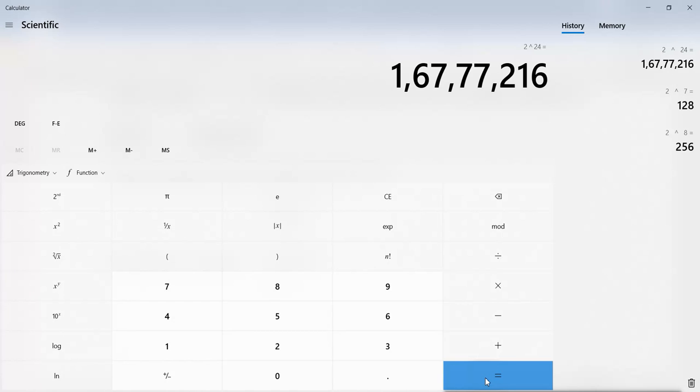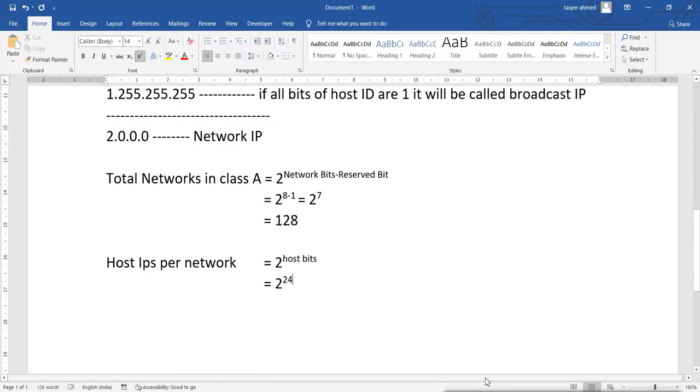It's too much. So how many host IPs per network do you get? Remember, I am saying per network, not total. So per network you are getting 16,777,216, and this is only for one network.